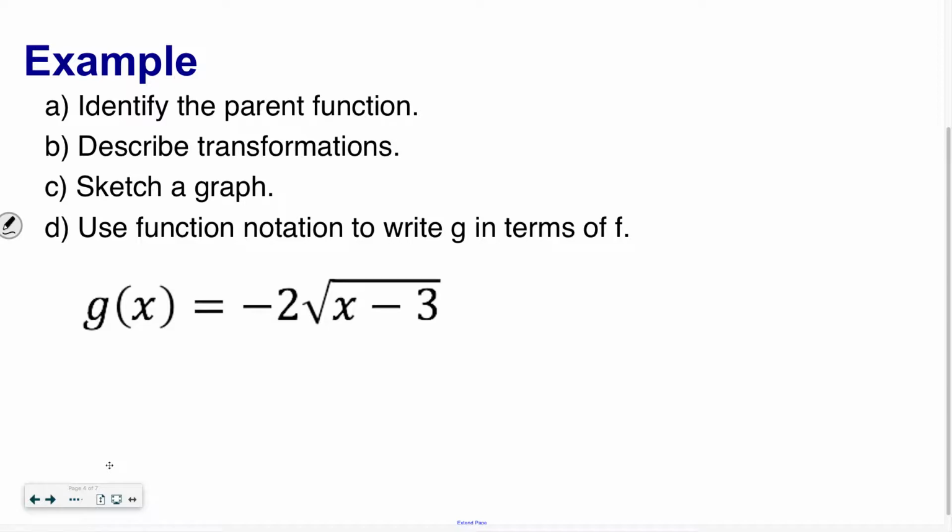So I give you a function here. I'm going to let you and your group members work on A through C, which I think you should be able to do. And then if you get done, you can try D and see if you agree with our answer that we put on the board in a little bit. So I'll give you time to work on this, see if you're prepped for your homework tonight. If you've got questions, let me know, and talk to your group members.